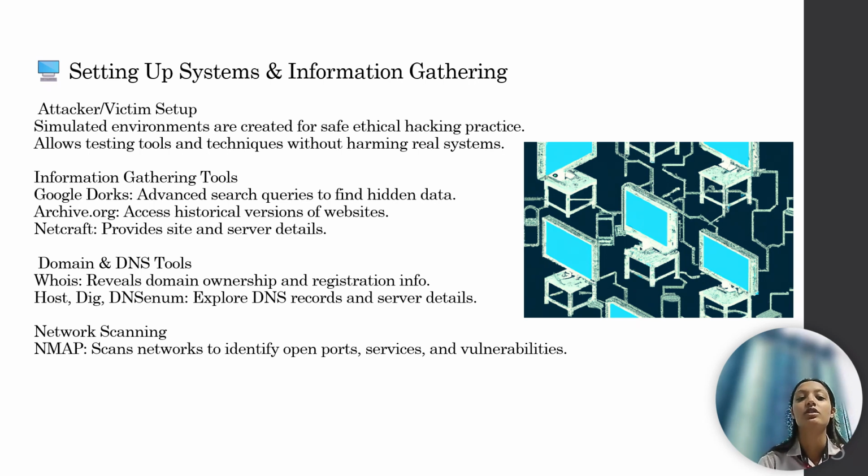These were some tools used to gather information. Domain and DNS tools: Whois and host. These were used to access domain information, and network scanning was done by Nmap. Nmap is one of the safest network scanners to identify open ports, services, and vulnerabilities.